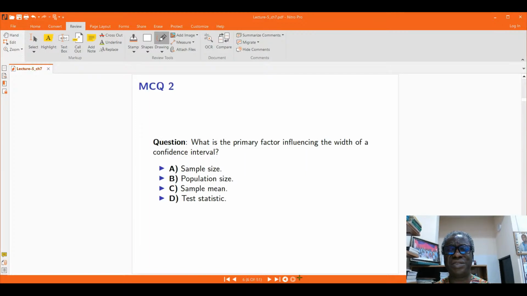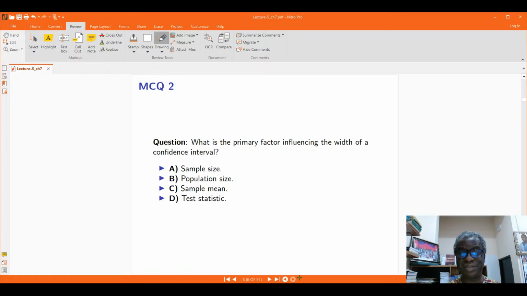Another question is, what is the primary factor influencing the width of the confidence interval? We discussed this in our last lecture, so that should be easy. Sample size, population size, sample mean, test statistic.